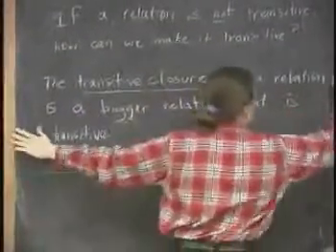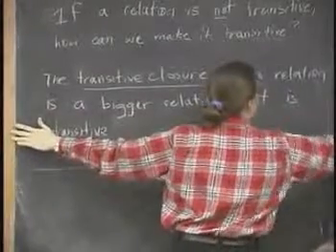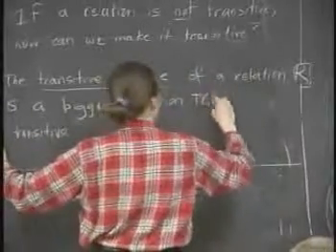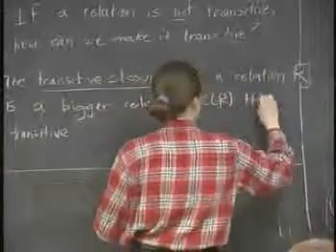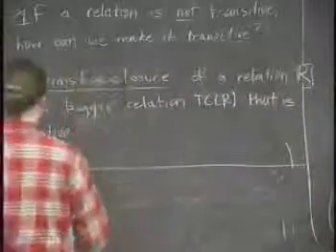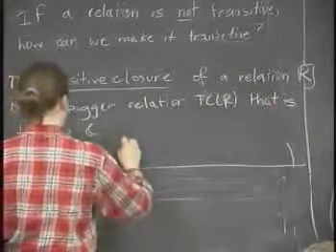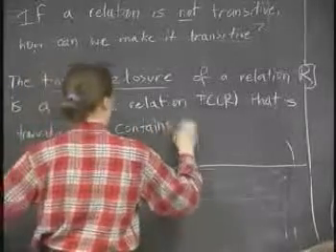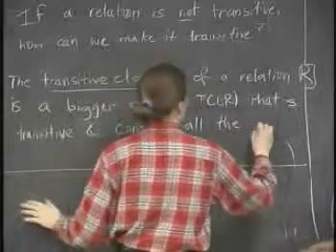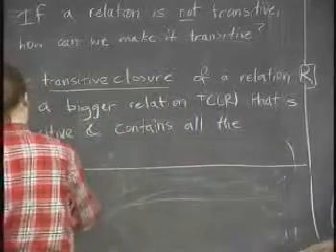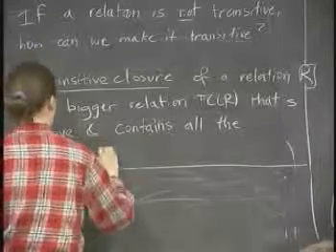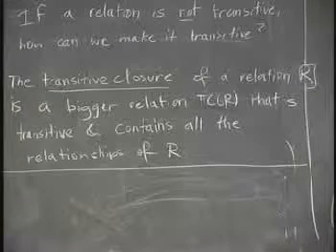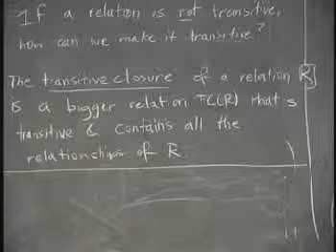Let's call this one R, and the bigger relation TC of R, that is transitive and contains all the relationships of R. So for is a parent of, it would be something like is an ancestor of?